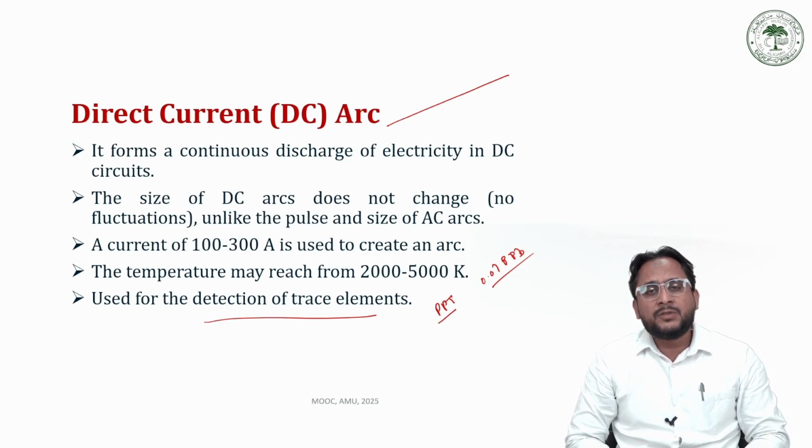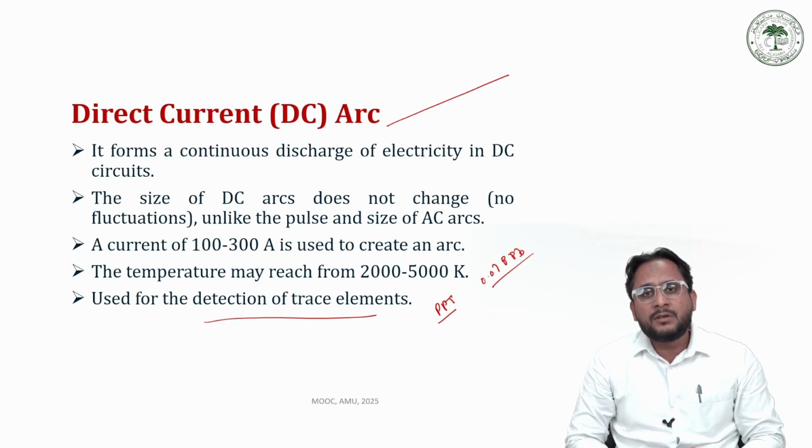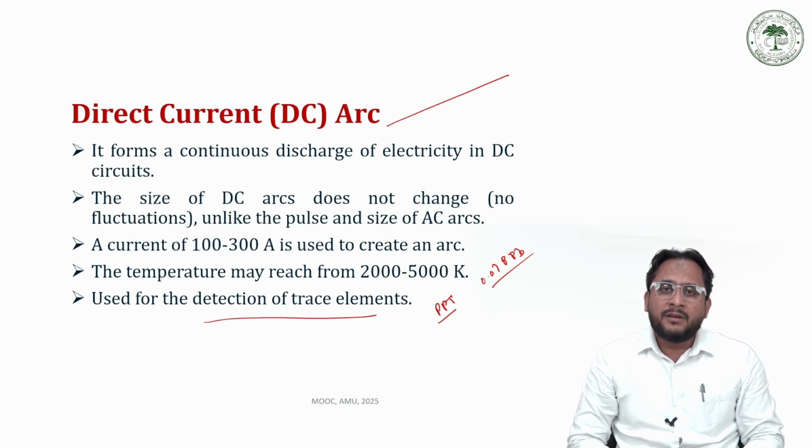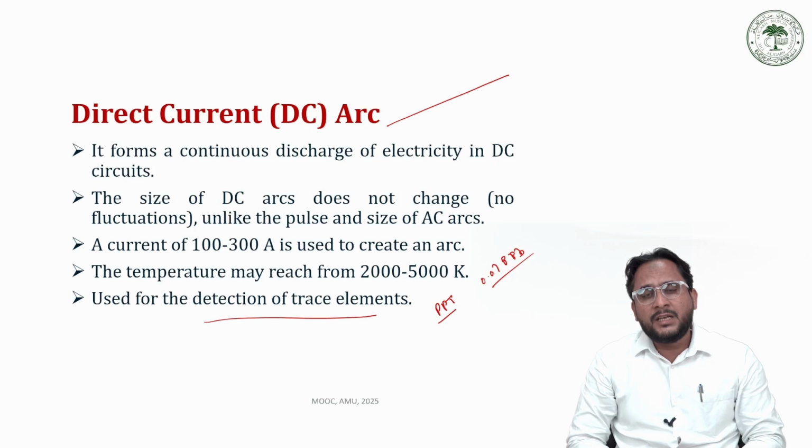So if we are using an AC arc, then it will not convert all the sample into vaporized and ionized form. And even with an AC spark, the chances of converting all these trace elements into the ionized form are even lower.